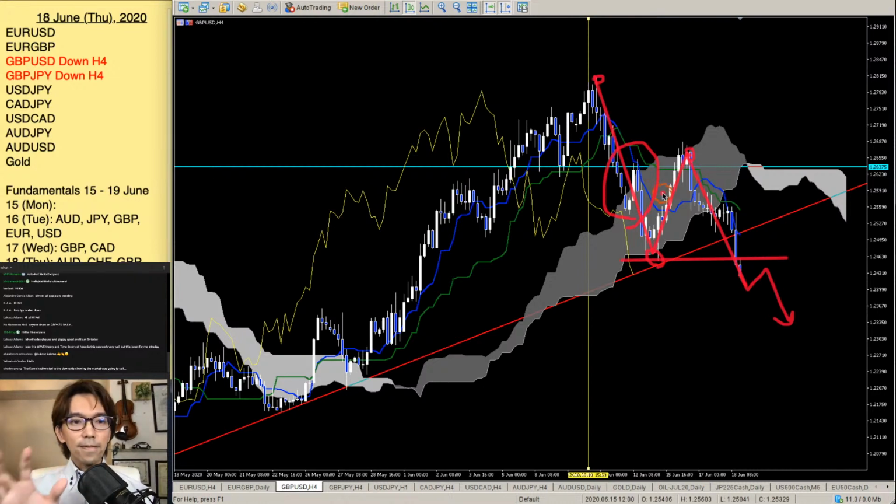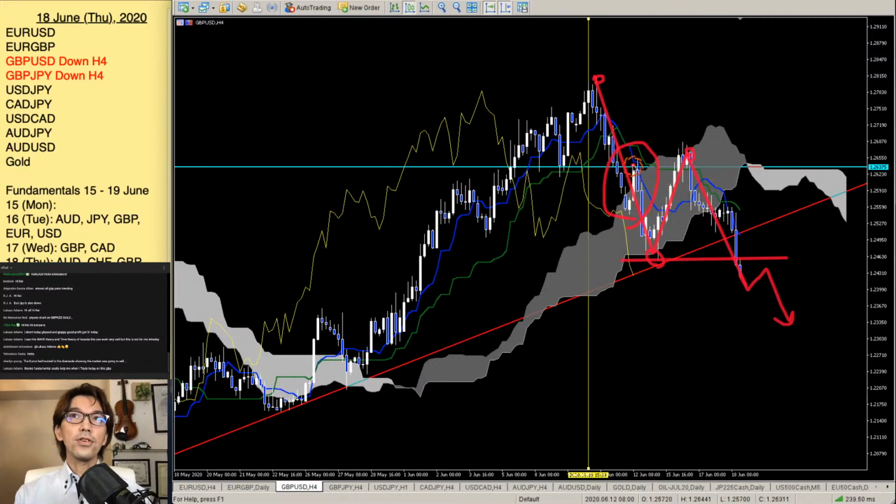And this kind of thinking is very important when you try to count the waves, and also when you try to count the time cycles. Because if you try to count the time cycles, you have to be able to identify these significant highs and lows, right? So in this case, you have to ignore these highs and lows.